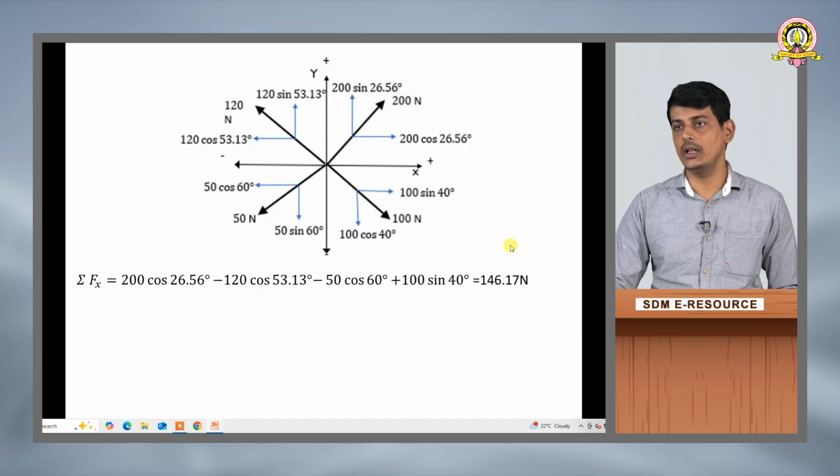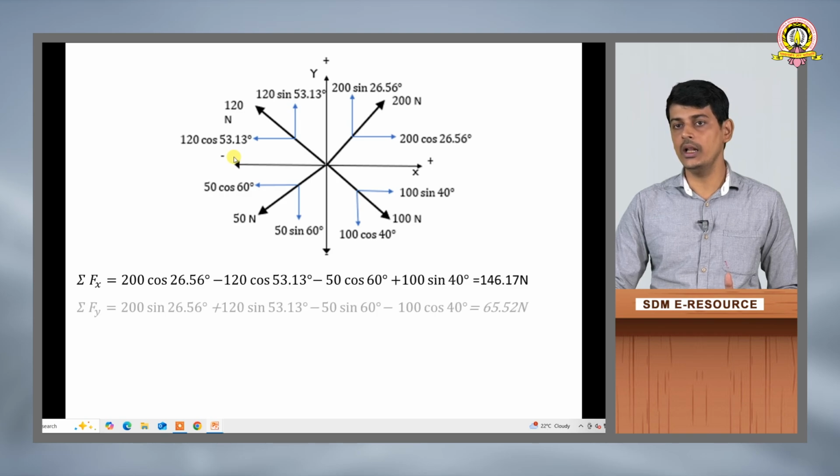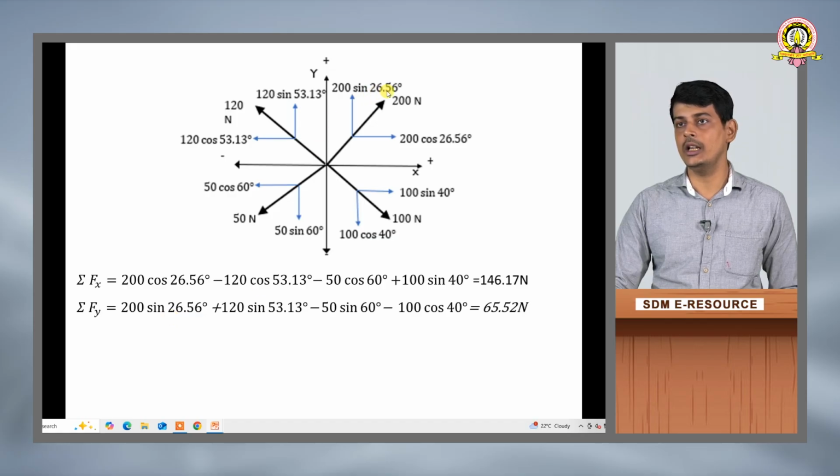For a simple understanding of sign convention, all upward forces we can take as positive, all downward forces as negative, all rightward forces as positive, and all leftward forces as negative. Similarly, the summation of F of y is equal to 200 sin 26.56 degrees, an upward force so positive; the second force, 120 sin 53.13, again upward so plus; the third force, 50 sin 60, is negative because it is a downward force; and finally minus 100 cos 40, again acting downward, so minus.